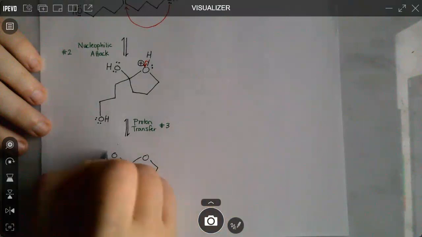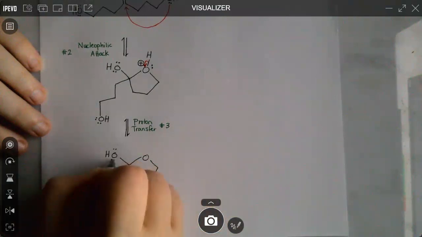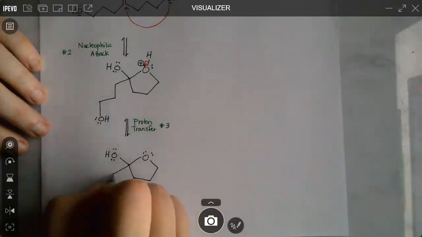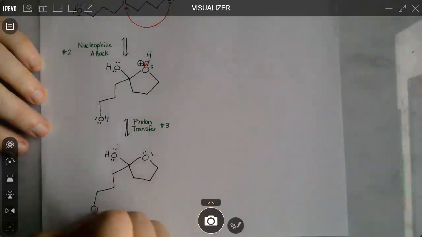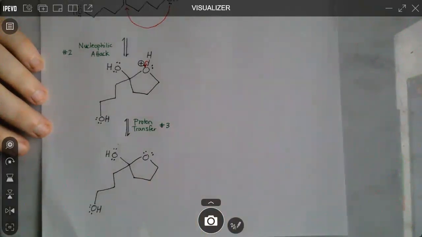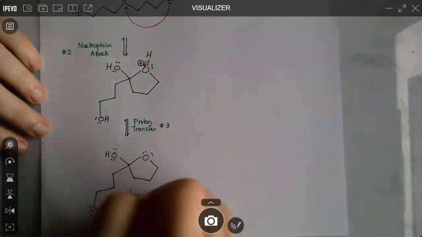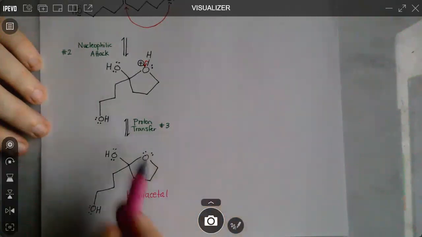We're finally at the neutral intermediate. And so this is the hemiacetal. So it's the one with no formal charges.